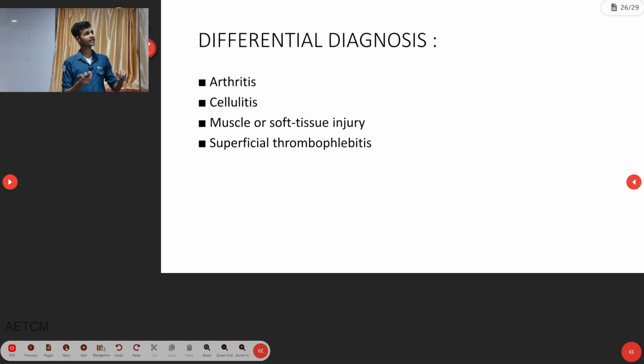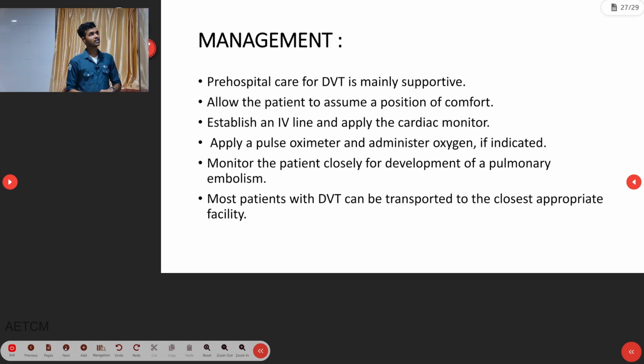The differential diagnoses are arthritis, cellulitis, muscle or soft tissue injury, and superficial thrombophlebitis. How can we manage? In definitive care, an inferior vena cava filter will be placed, and if it is pulmonary embolism related, there will be a set of surgical management.